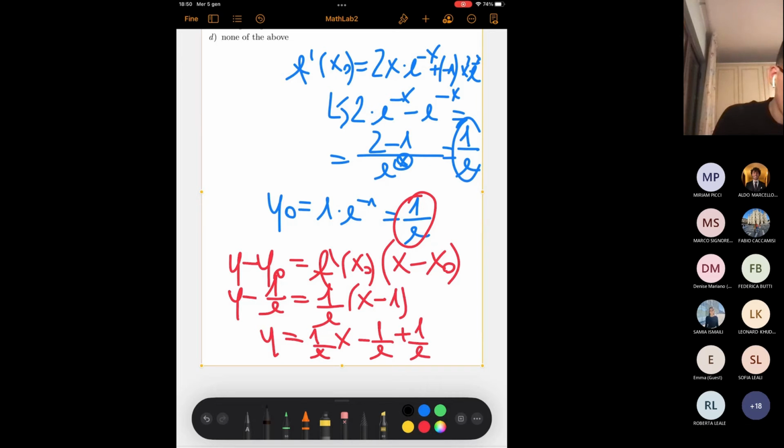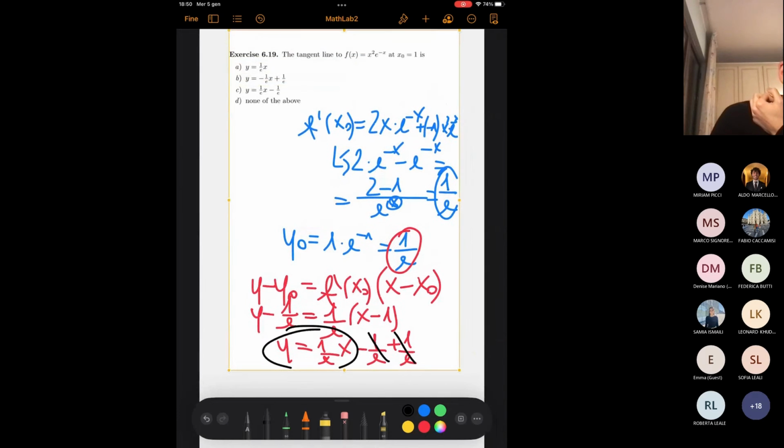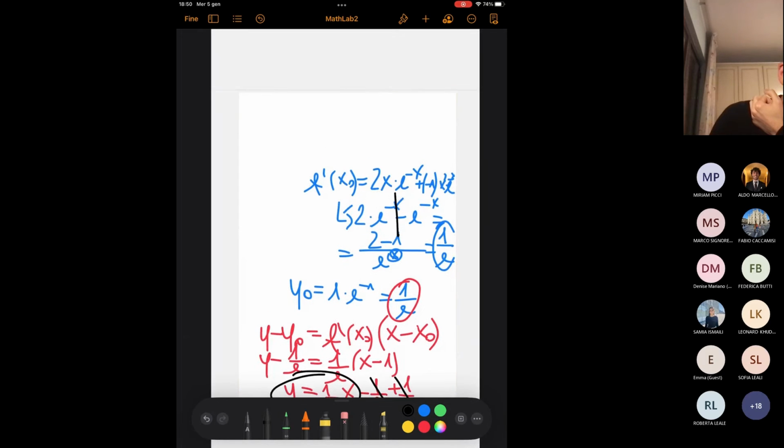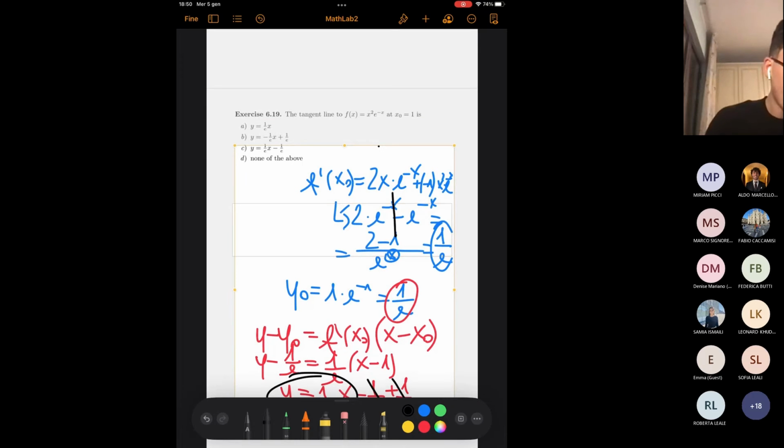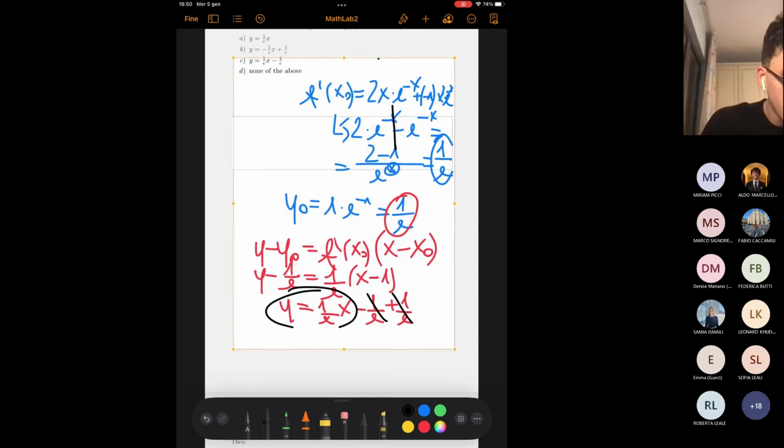So we can delete these terms since they are equal and opposite, and we are left with the equation of the tangent line of that specific function, which is exactly the first option we have. So the option A, which is y equal to 1 over e times x. And that's okay for this exercise.